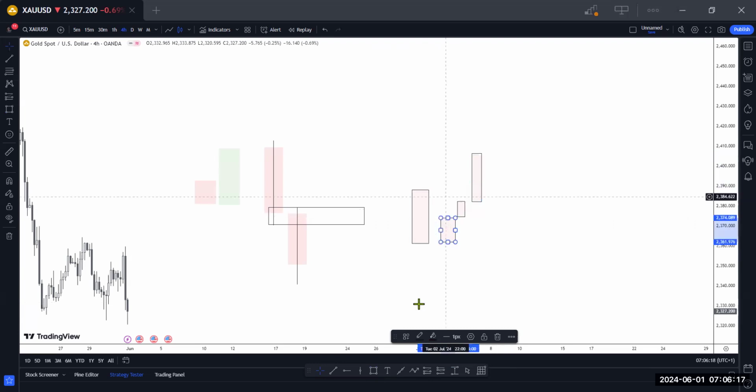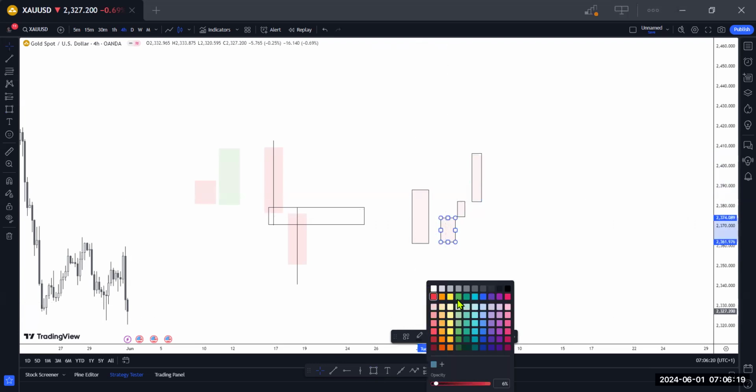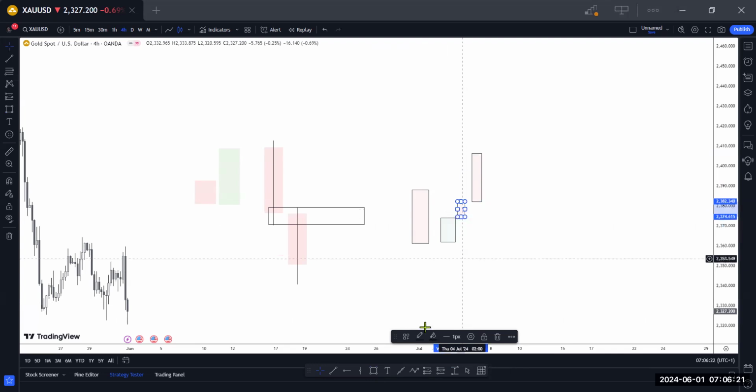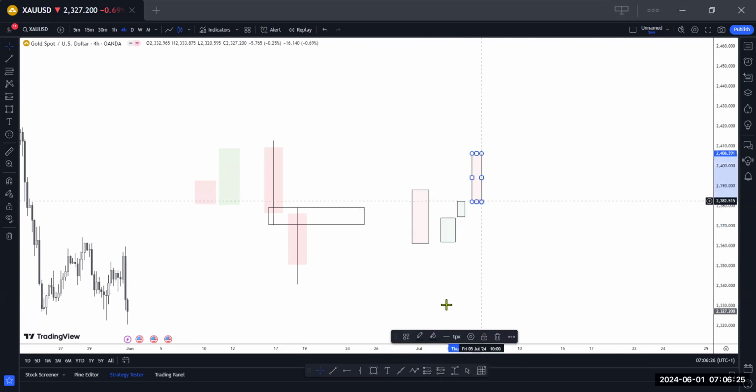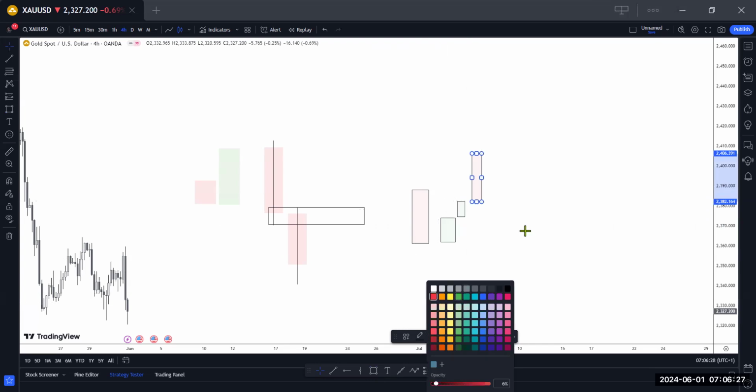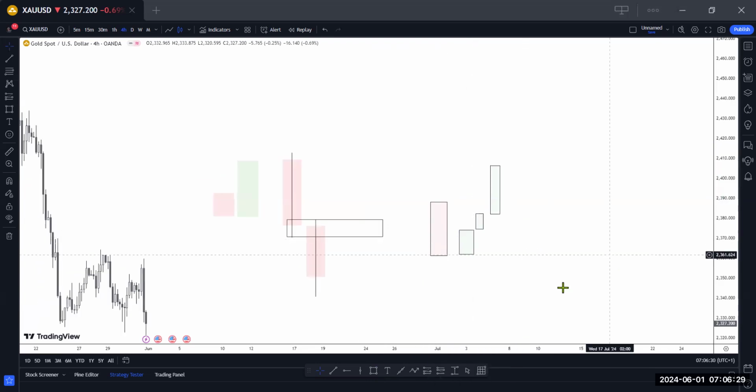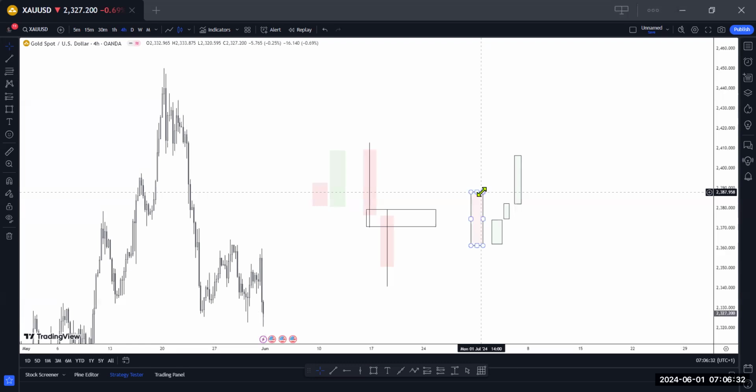Okay, so these are bullish candles, right? Bullish candles. So these three candles therefore engulf this one, and on and on.